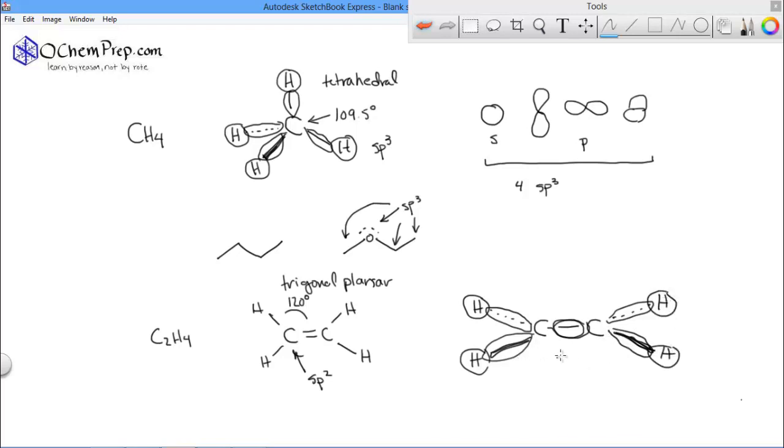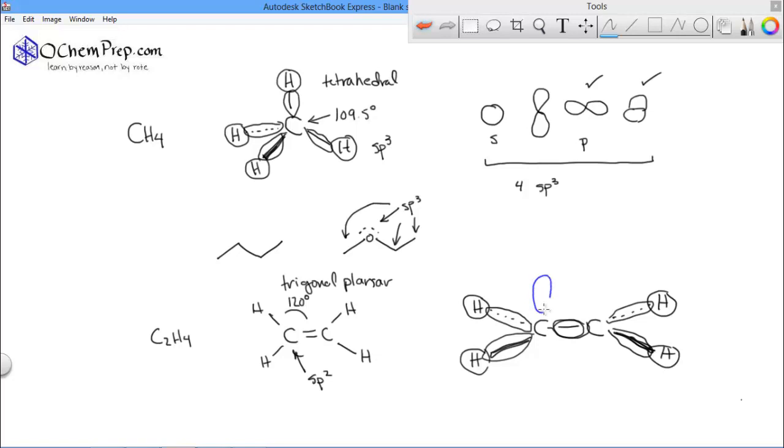Now this looks sort of funny, but we need one more bond. If we think about it, there's still an orbital left. In this structure, we've used the side-to-side p orbital and the front-to-back p orbital, but we haven't used the up and down p orbital right here.